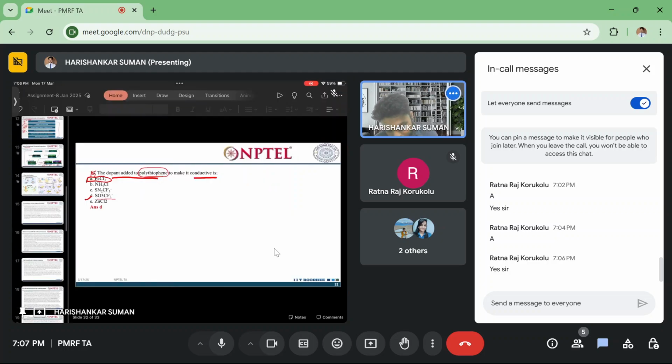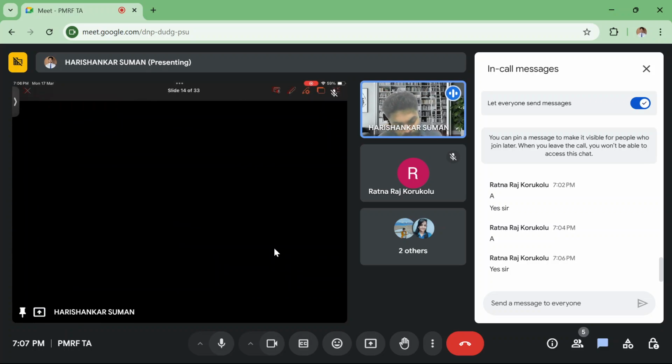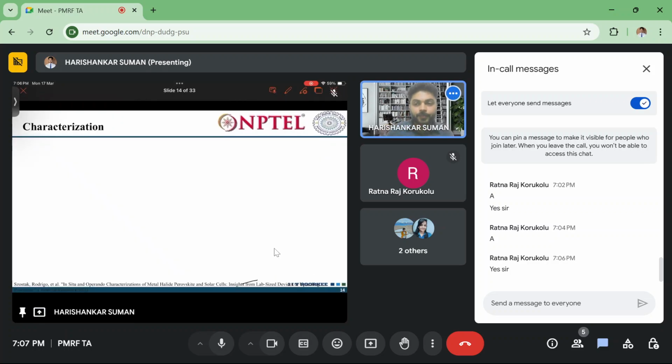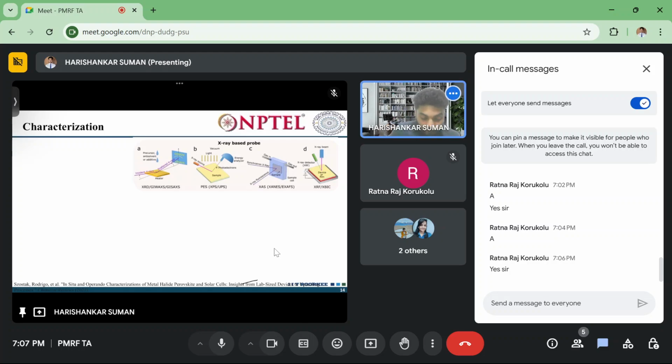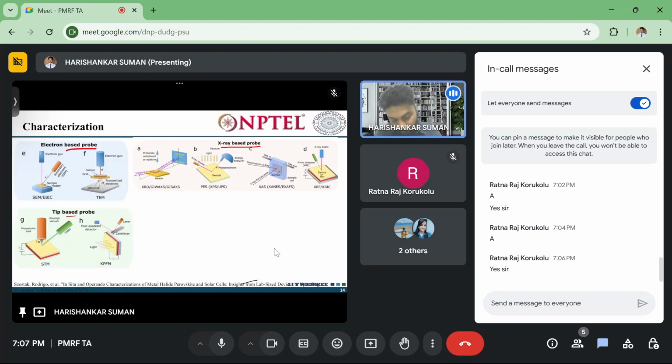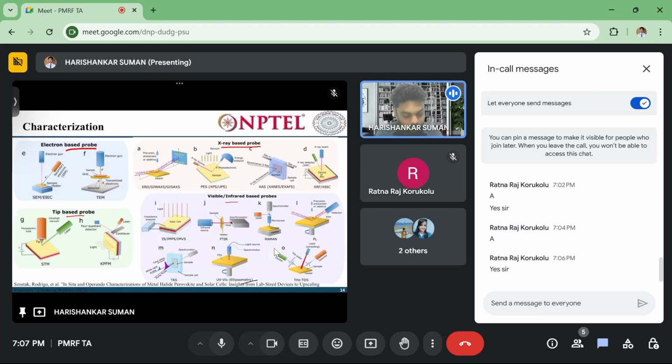So let's discuss some characterization. How we can determine whether our perovskite film is good. Characterization: X-ray based characterization, electron based characterization probes, tip based characterization, and UV visible infrared based probes.